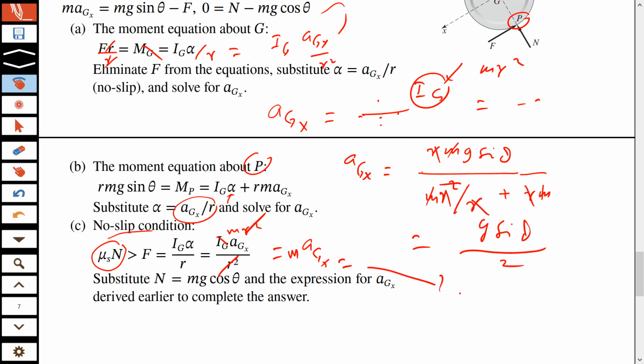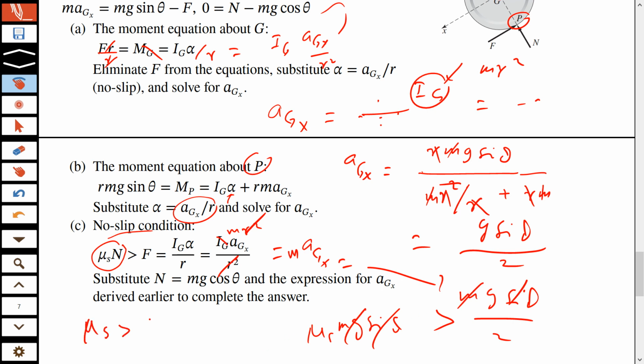So which is mg sine theta over 2 must be less than mu s n. Yeah, and that n of course is mg cos theta. Sorry, mg cos theta. So mg cancels out. So mu s must be greater than half, with the trigonometric factor cancelling out. Yes, mu s must be greater than half.